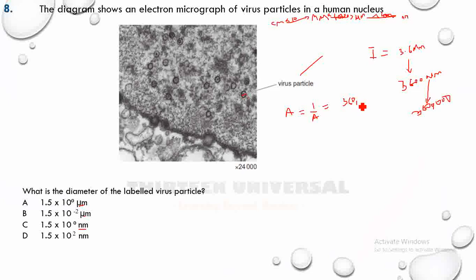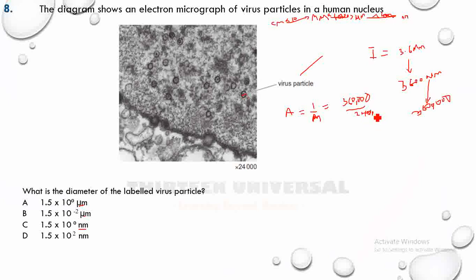So that's our image size divided by magnification. Actual size is image over magnification. The magnification is 24,000. Can you see it in the equation there?